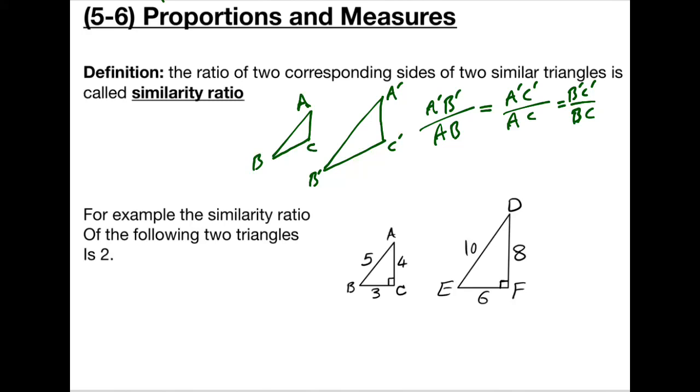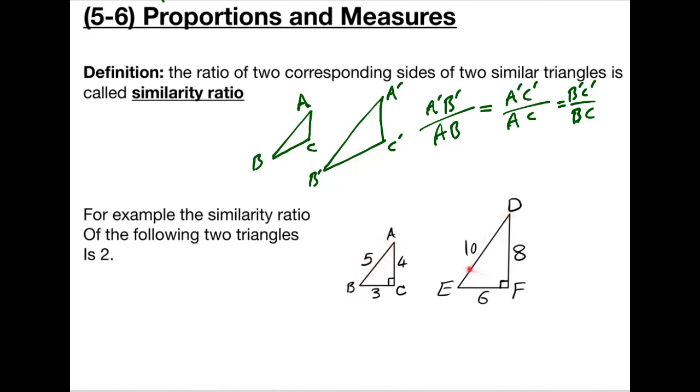As an example, you see here two similar triangles, and I want to know what the similarity ratio between these two triangles is. All you have to do here is divide two corresponding sides, and that will be your similarity ratio. So for example, side DE from this triangle corresponds to AB from the smaller triangle.